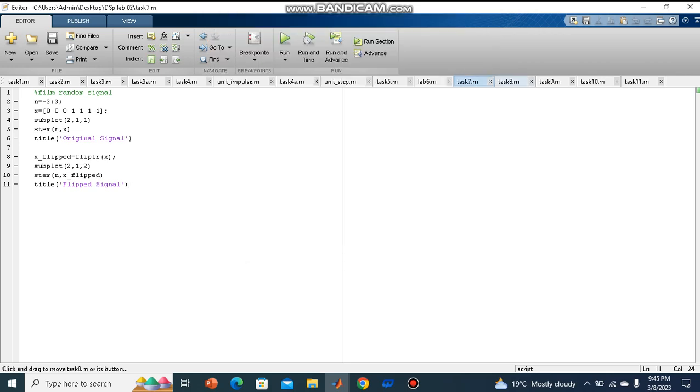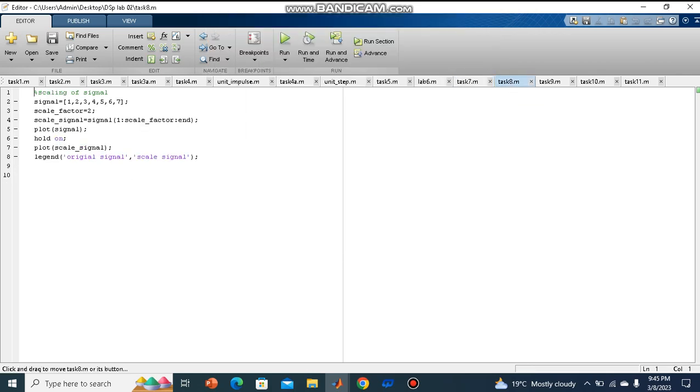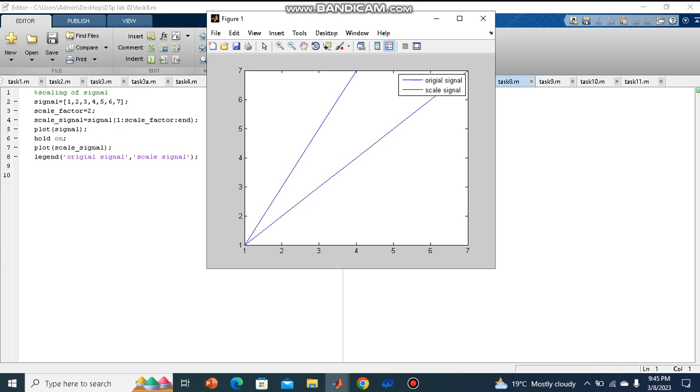Moving on to task 8, we are doing scaling in this task. First of all, the signal is 1 to 7, and scaling factors are also applied to it, giving the original signal and the scaled signal.